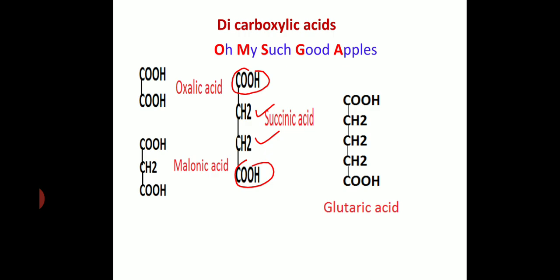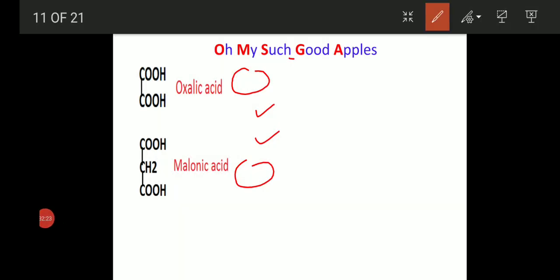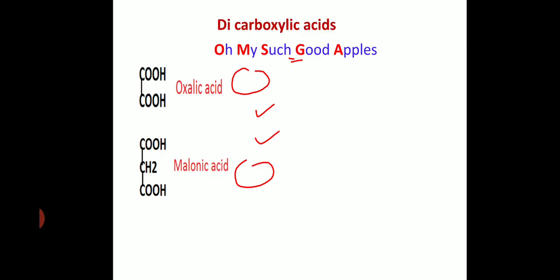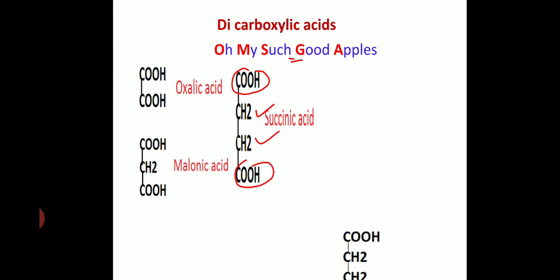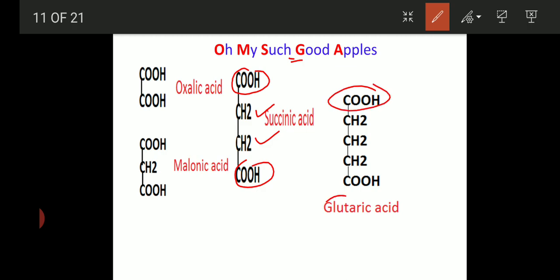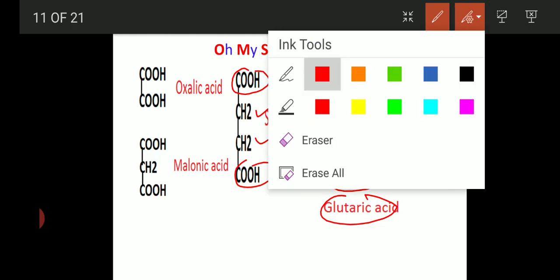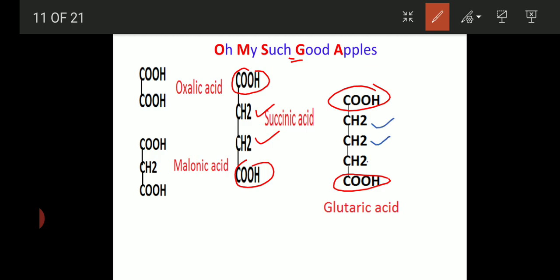Now coming to the next one, glutaric, G for glutaric acid. In between the two COOH groups, how many CH2s are embedded? 1, 2, 3 CH2s are embedded between the two COOH groups.